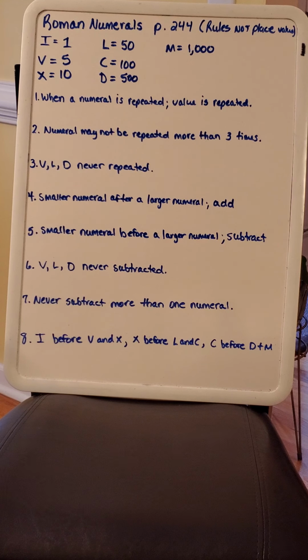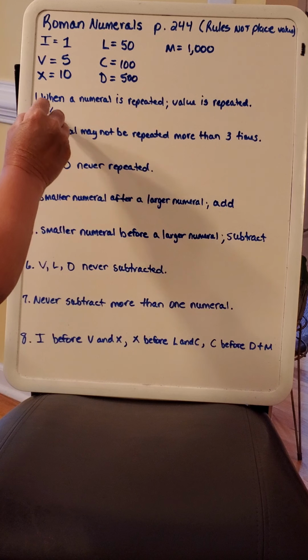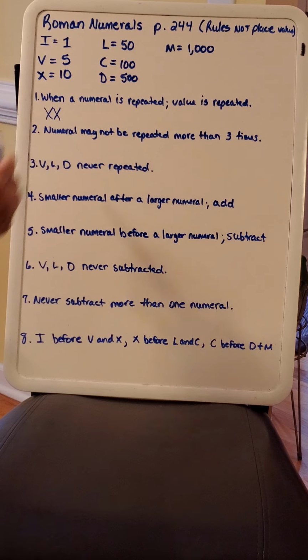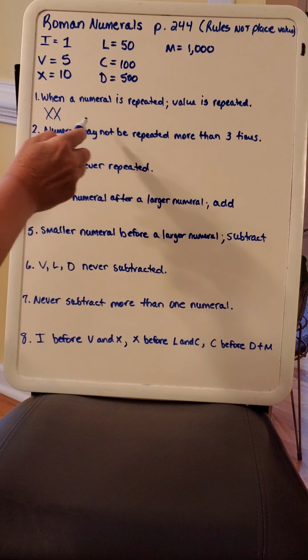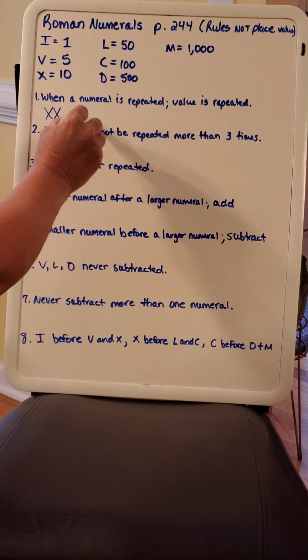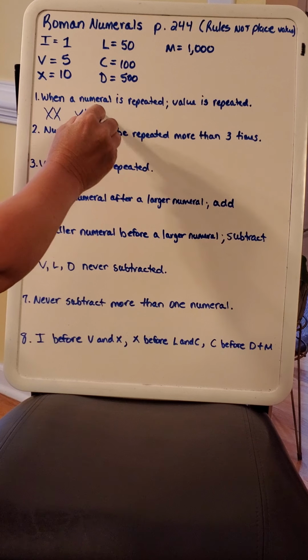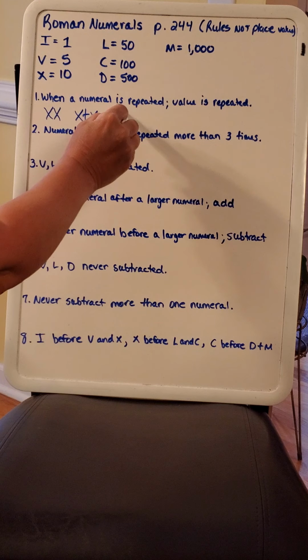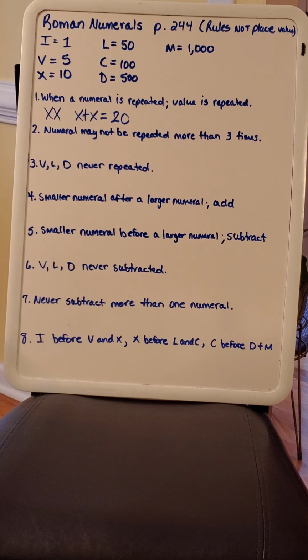So first, Rule 1: when a numeral is repeated, the value is repeated. So if you have X, X, X is 10, so X plus X equals 20. When you repeat a numeral, the value is repeated.